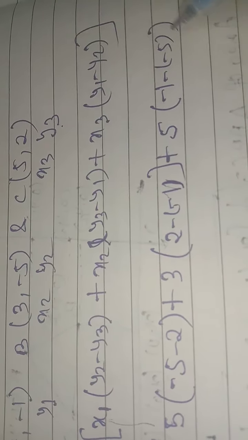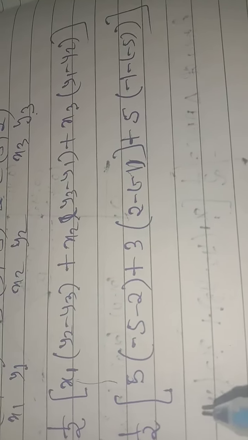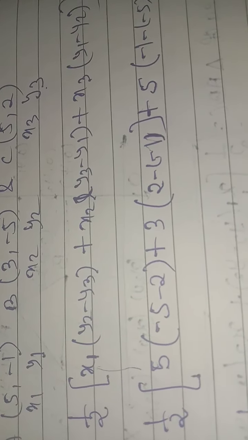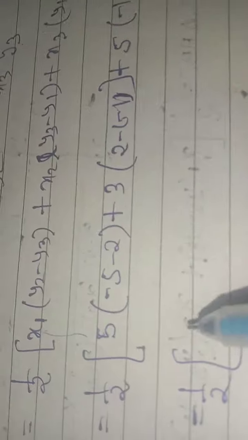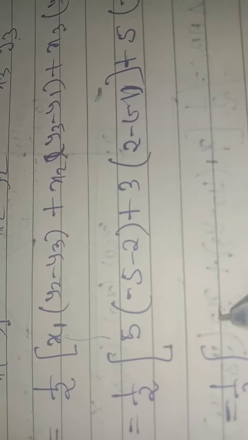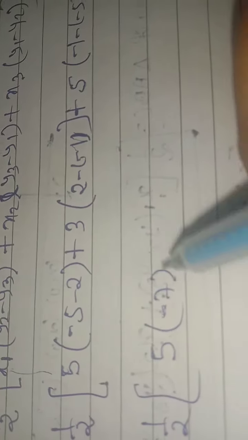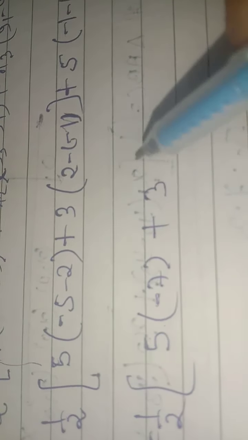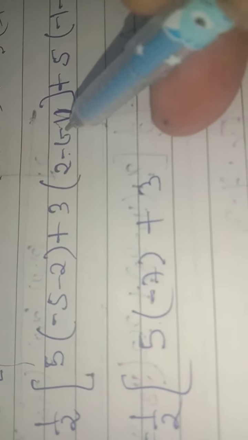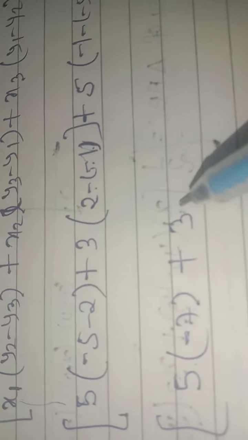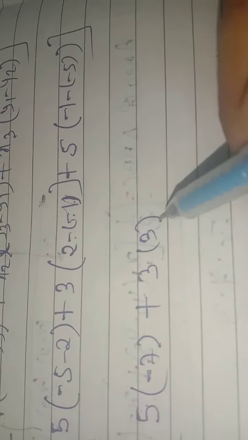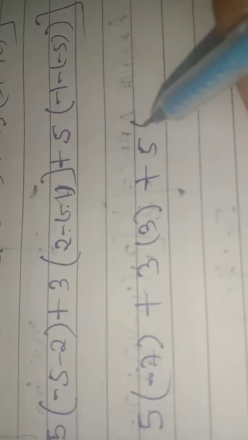Concentrate on the formula and where the minus is and what the formula minus is given. We have to keep everything in our mind. It is 5, now minus 7, plus 3, minus minus plus, 2 plus 1 will be 3, and then 5, it is minus 1 plus 5.